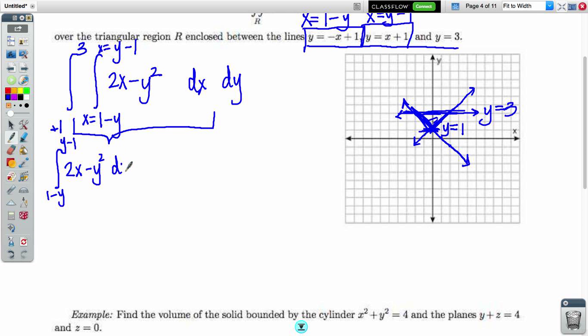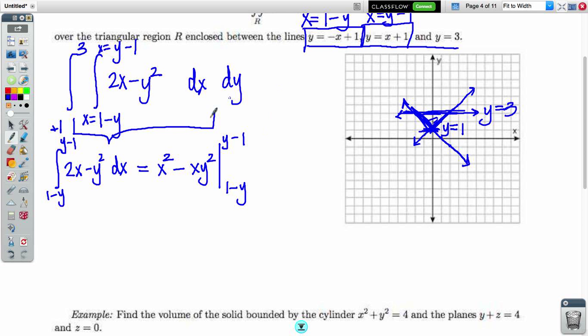and this is all with respect to x, which means anything with y is a constant. So my first term here integrates to x squared, and my second term, since that's a constant, is just going to be xy squared. And then we're evaluating from 1 minus y to y minus 1.